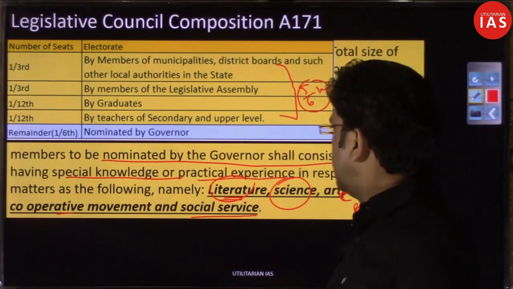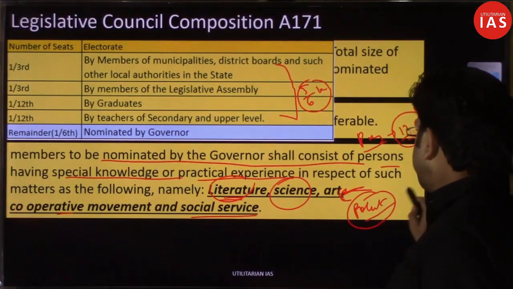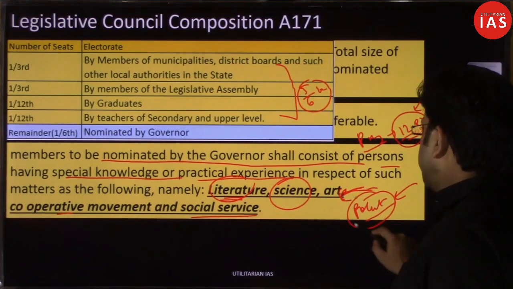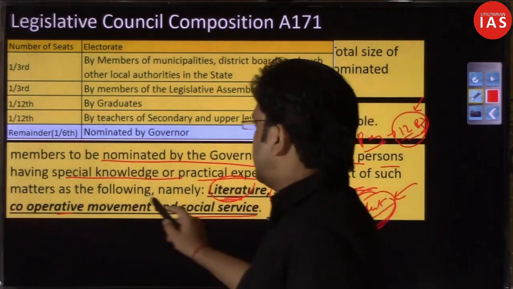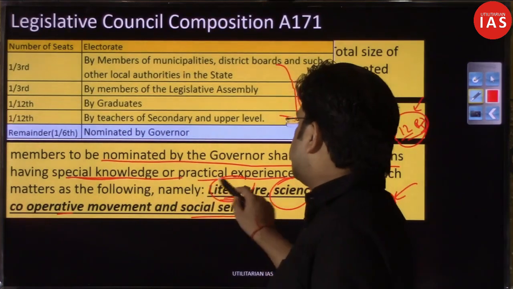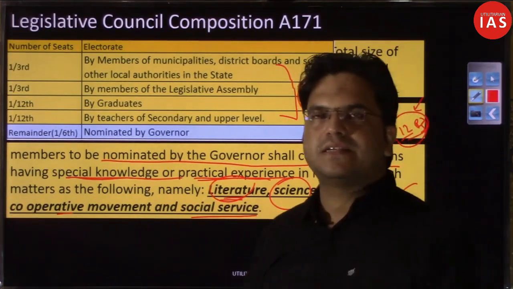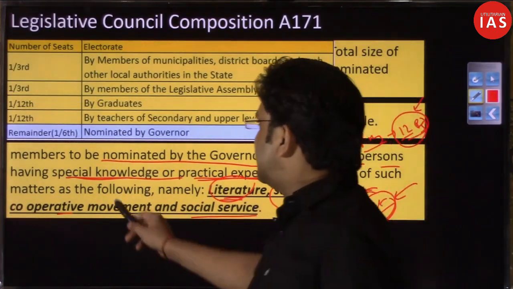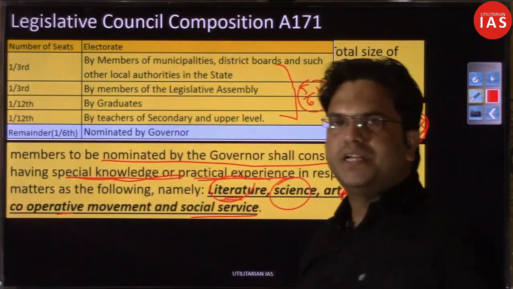That is being spoiled by including professional politicians, which we'll discuss. They are said to have special knowledge and practical experience in the field of politics, and on these grounds they are nominated by the governor.